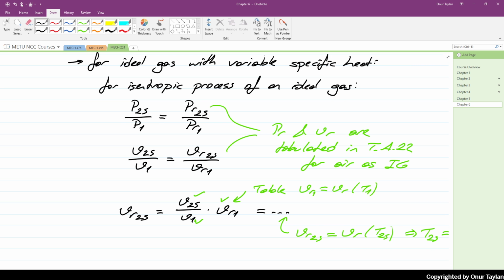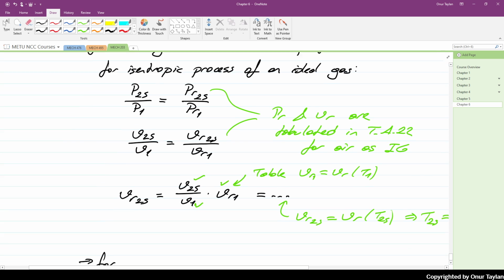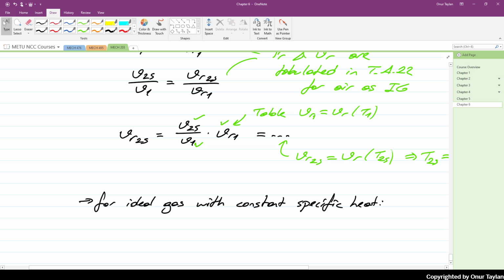If you have constant specific heat, this was the variable specific heat. If you have an ideal gas with constant specific heat, in this case, Cp and Cv are constant, and we had this relation from the previous video: delta s equals Cv ln T2 over T1 plus R ln v2 over v1.